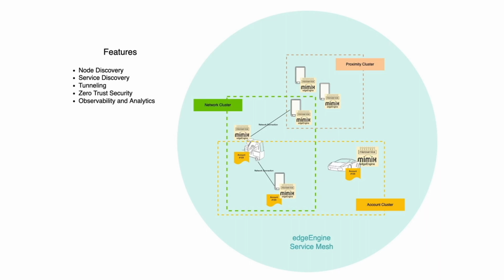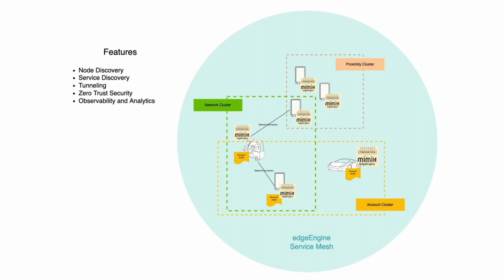The other one is the network cluster, which will give you access to edgeEngine devices in a network domain or in your local area network. And the third thing that the service mesh allows you to do is to access services based on the account that the service belongs to. And you're going to see account activity when you do any of the tutorials that are coming up.